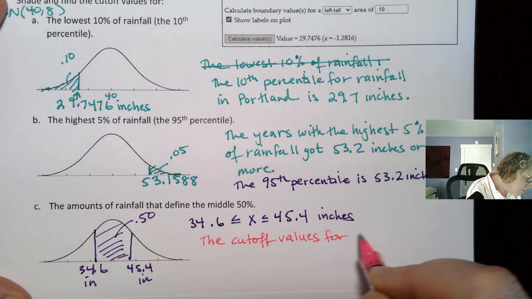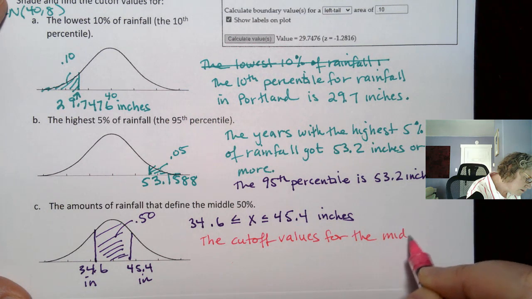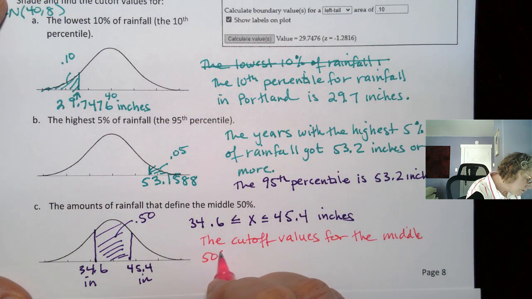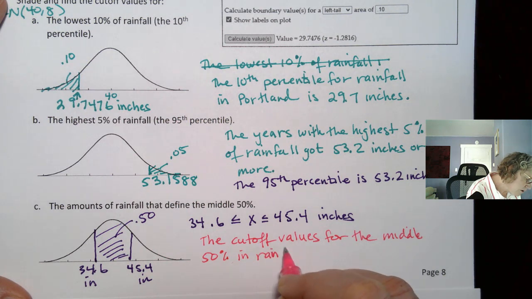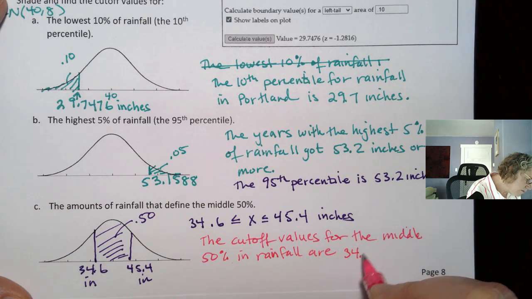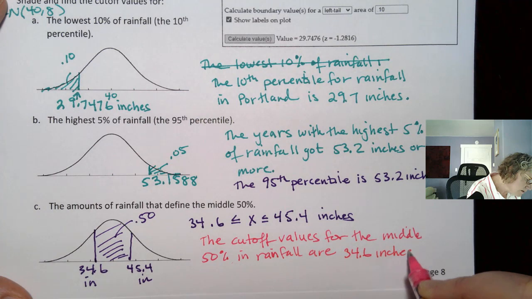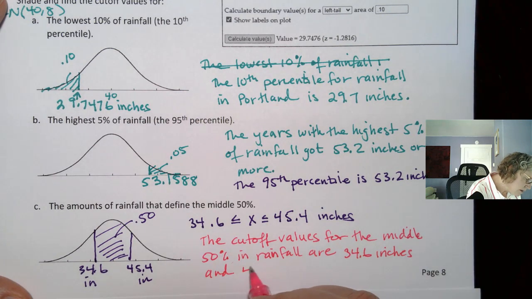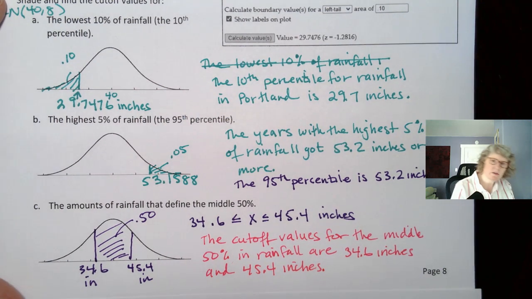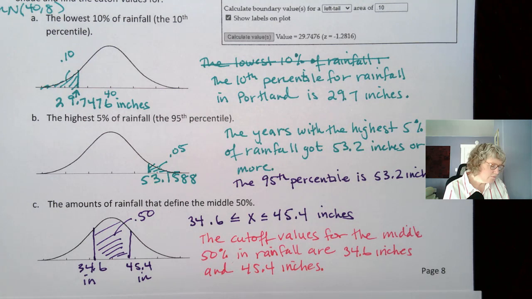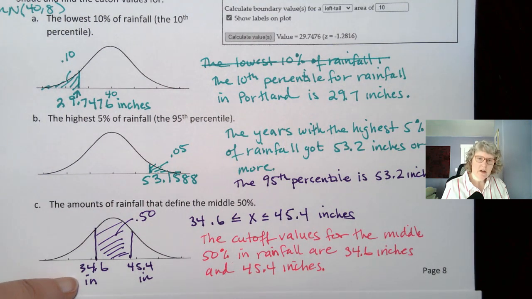Cutoff values for the middle 50% of rainfall are 34.6 inches and 45.4 inches. Okay, great. So now you know that if we're given an area, we can find a cutoff score.